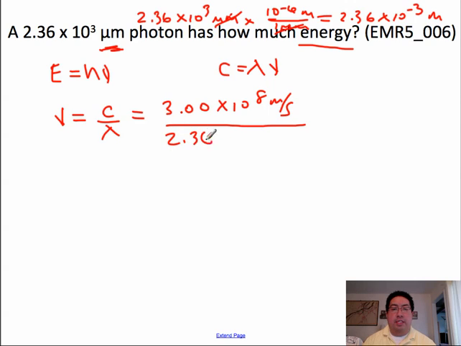Okay? So now I'm going to plug in the value of the wavelength in meters. So 2.36 times 10 to the minus third meters. Notice how meters cancels, which is good, leaving us with 1 over seconds, which is the unit we want for frequency, right? So when we solve for nu, let me plug in my numbers. 3 times 10 to the 8th divided by 2.36 times 10 to the negative third.